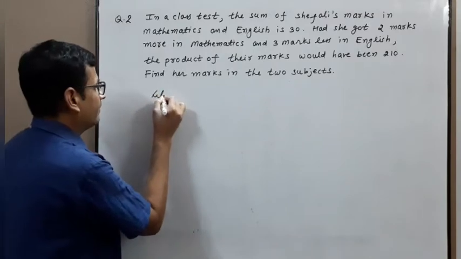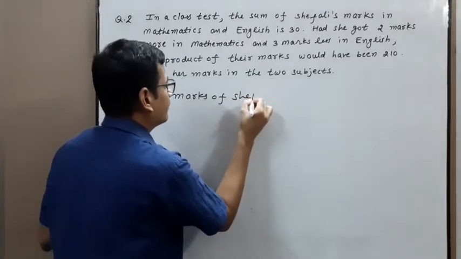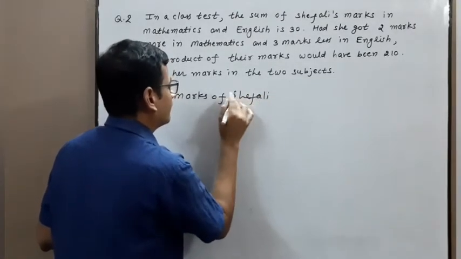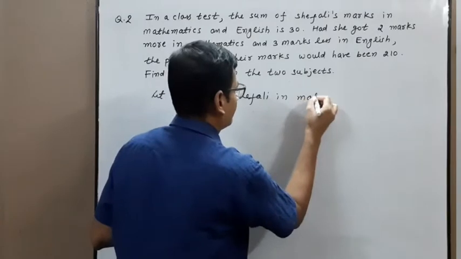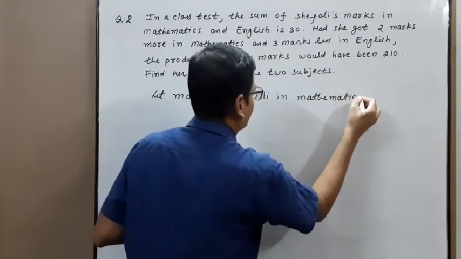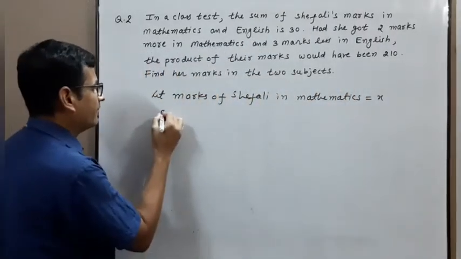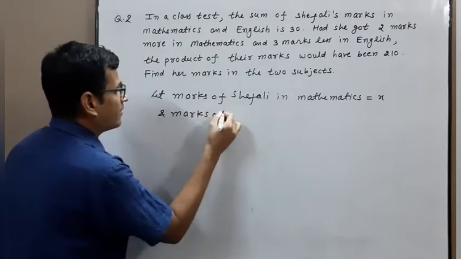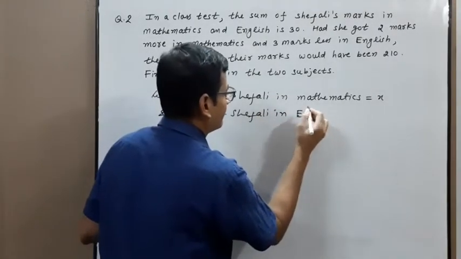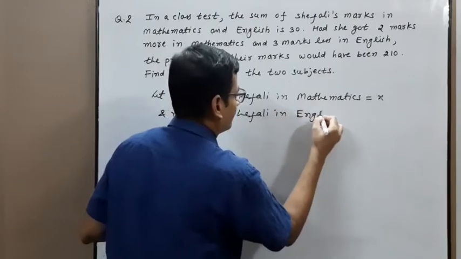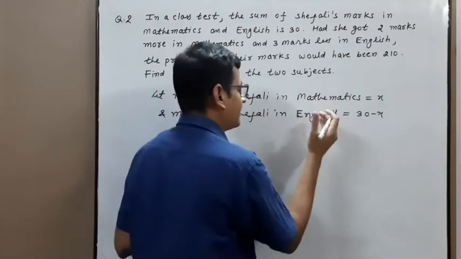So let the marks of Shefali in mathematics be equal to x, and the marks of Shefali in English is equal to 30 minus x, because the sum of marks of mathematics and English is 30.